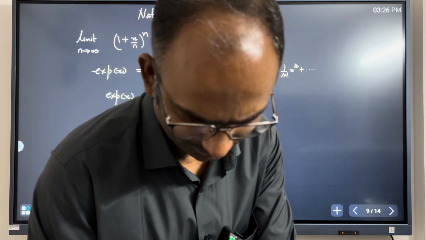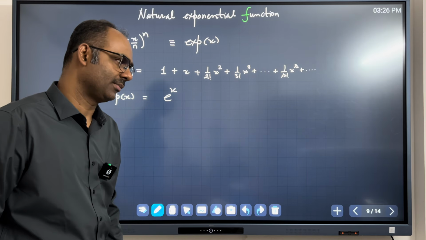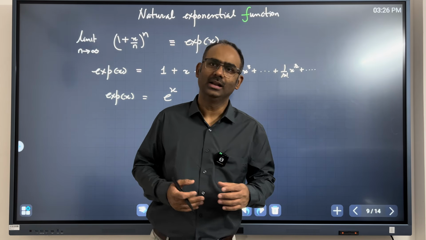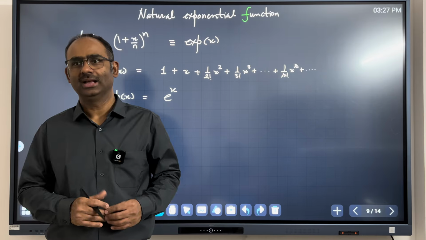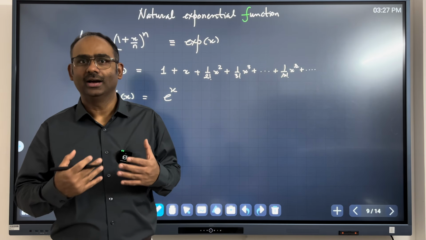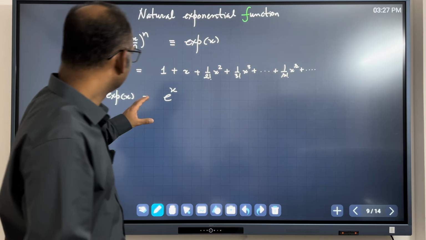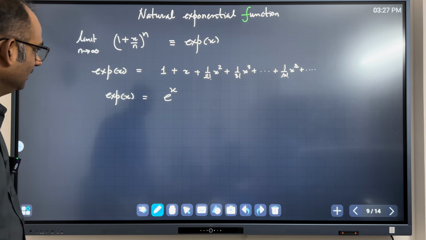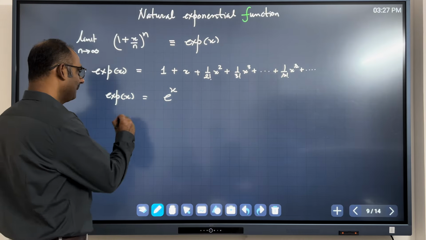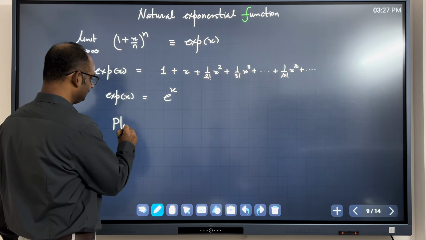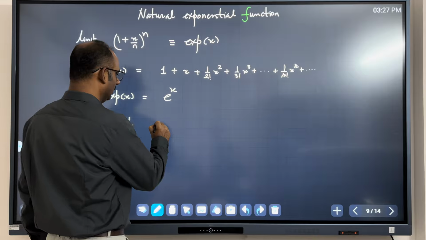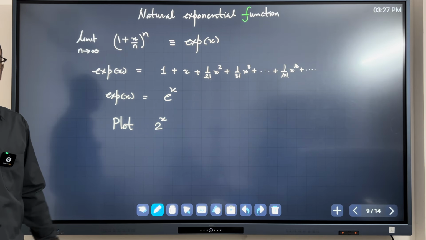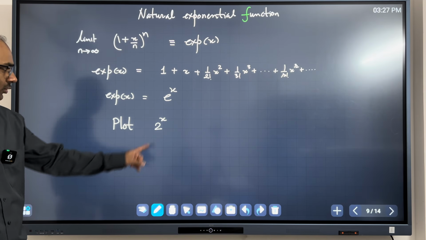Now, just like you want to know how a sine function looks like, how a cosine function looks like, how x square looks like, I want to show how e to the x looks like. We want to see this. So what I will do is I will plot this exponential function 2 to the x, which is to the base 2.